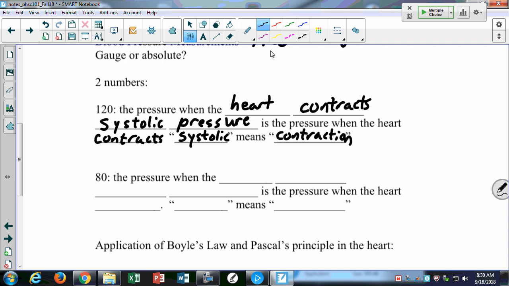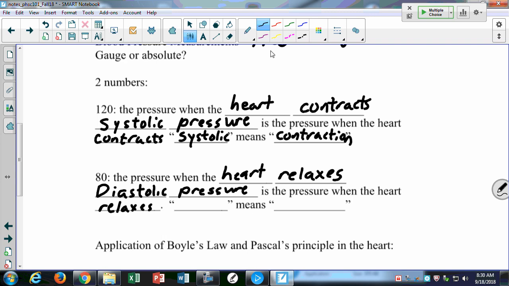And then the lower number is the pressure when the heart relaxes. So you have a high pressure when it contracts and a lower pressure when it relaxes. And this is called the diastolic pressure, when the heart relaxes.